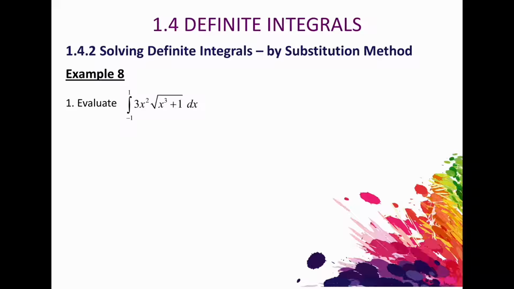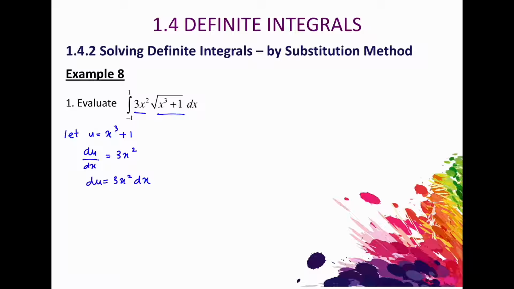Now in this case we have 3x squared and x cubed plus 1. For substitution method, we choose the one with the more complex form or the higher power of x to be let equal to u. So let u equal to x cubed plus 1. So du dx is equal to 3x squared, and then du is equal to 3x squared dx.